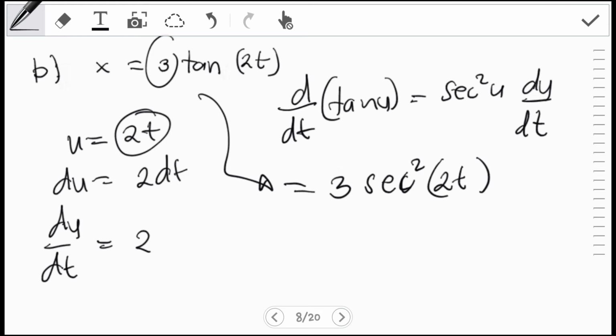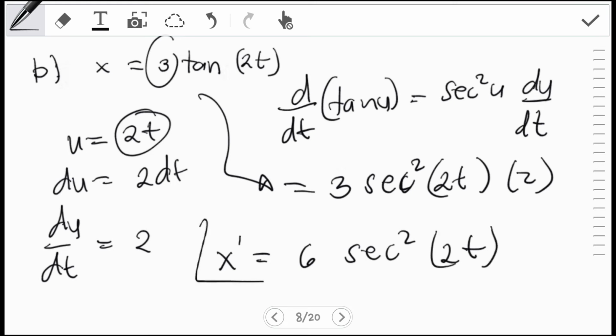Then du over dt is 2 times 2. So therefore, the x prime is equals to 6 secant squared 2t. Okay. So that is the final answer.